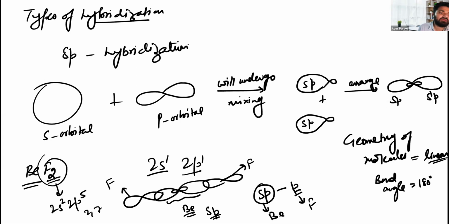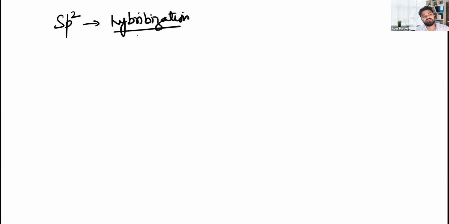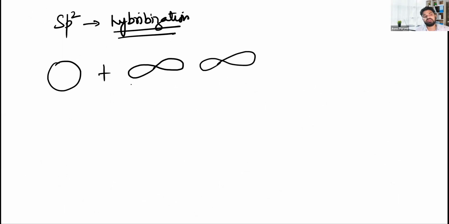Okay. So if I move to the next portion, if we have another molecule, it is talking about the new hybridization, that is sp2 hybridization. You need to keep in mind, if we have one s and two p orbitals, one p orbital, another p orbital, they are going to intermix together.